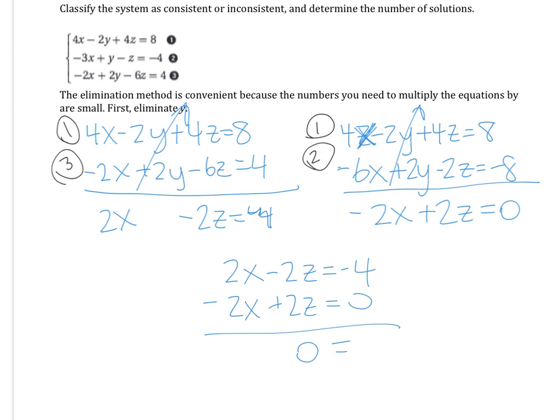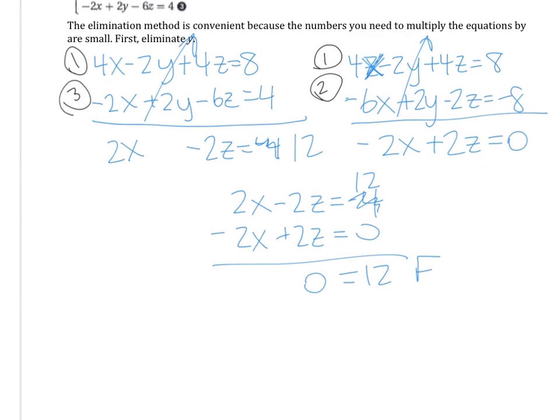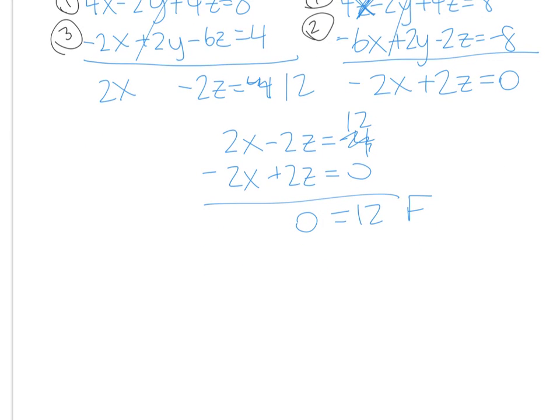I don't know why I thought there was a negative up there. Should be a 12. And that's a false statement. And since that's a false statement, this is now inconsistent with no solution.